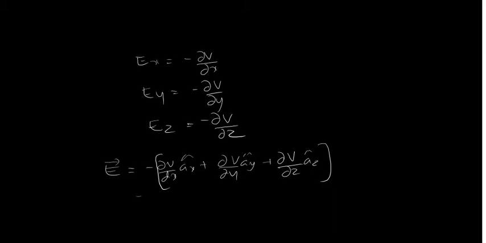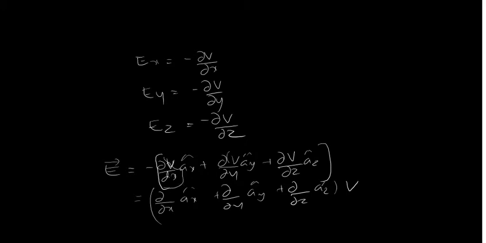Minus is common. So if I take dou by dou x ax cap outside, dou by dou x ax cap plus dou by dou y ay cap plus dou by dou z az cap of, this acts as an operator on a variable parameter V. Actually I am not taking V outside, this is an operation on V, this is another operation on V, this is another operation on V. Remember, this is not taking outside as we do in other calculations.